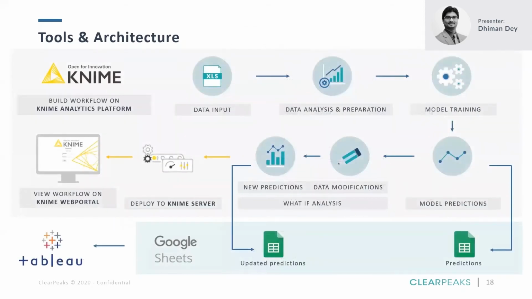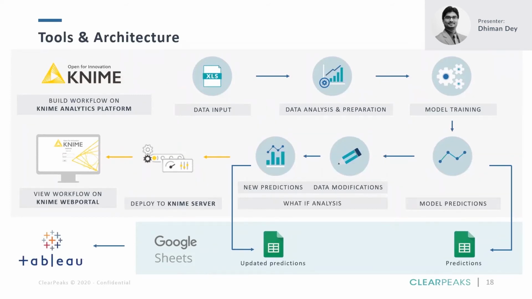In terms of the tools and architecture, we have used KNIME, the KNIME analytics platform, as our machine learning platform. We have taken the data in the form of an Excel with 5 different sheets. Then for visualization purposes, we have taken the information back to Tableau to create the dashboards necessary for consumption.